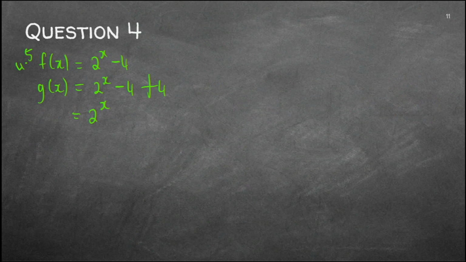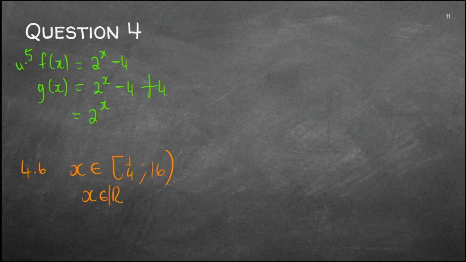For the domain, I will simply say x is an element of 1/4 to 16. And remember, the 16 is not included because of the specifications they gave us where 4 is not included. So x is an element of real numbers.